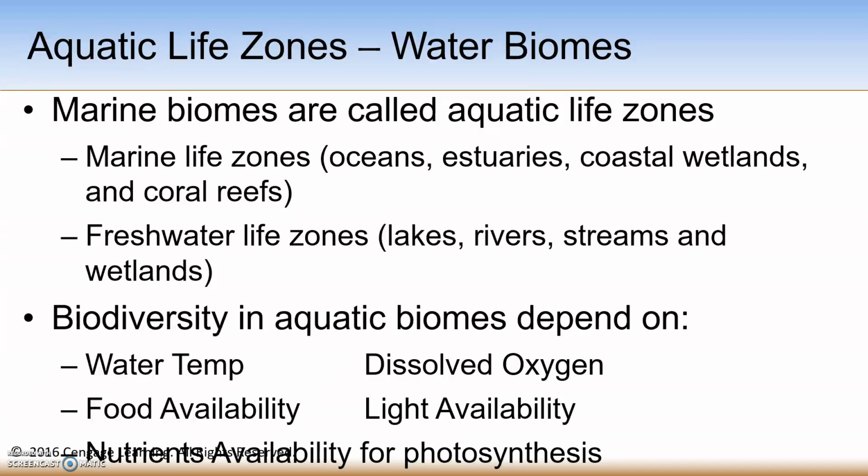rivers, streams, and wetlands. Freshwater life zones can be standing water, also known as lentic, such as ponds and lakes, or flowing water, known as lotic.